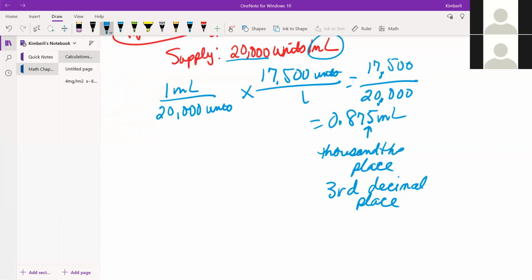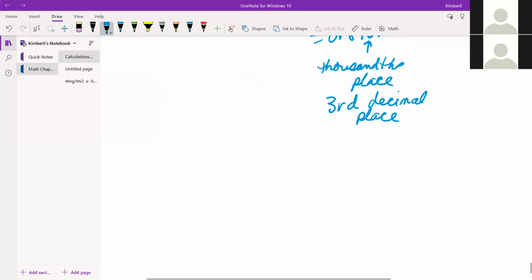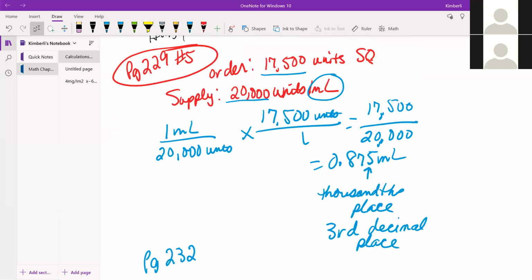Okay, let's look at number 12 on page 232. Oh, sorry, Professor, just real quick on that previous problem. For the syringe, did you want us to just indicate that? Yes. Like 0.88 then? Yes, so when you draw this up in your syringe, when you show it on your syringe, it doesn't show 3 decimal places, does it? No. So you're going to have to pull it up to 0.88, which is going to be the closest you can get.